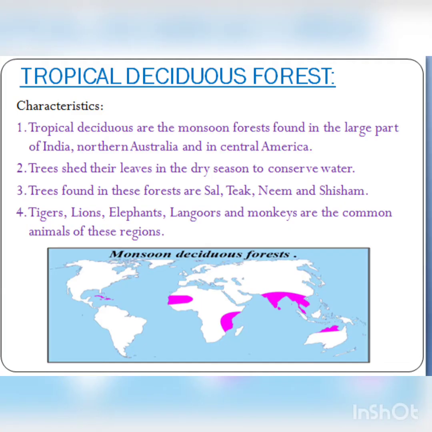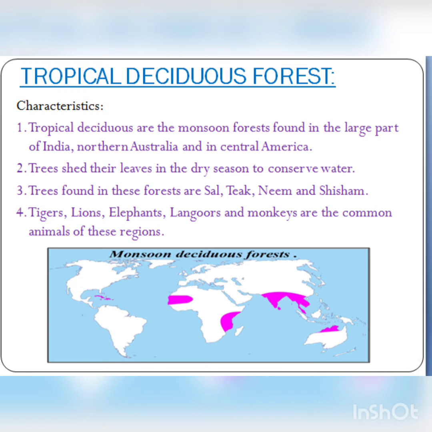Tropical deciduous forest. Tropical deciduous forests are the monsoon forests found in large parts of India. As you know, India is a monsoon climate region. They are also found in northern Australia and in Central America. Trees shed their leaves in the dry season to conserve water.